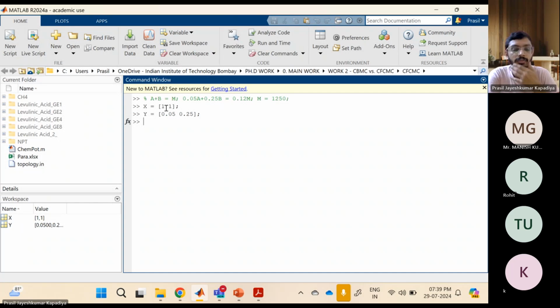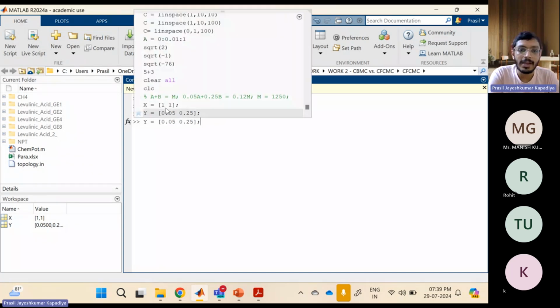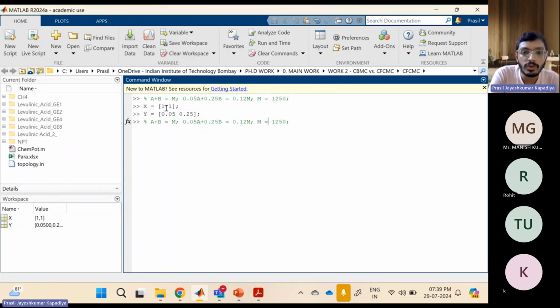Let me write it down like this, it will be more clear. So what we did, we wrote a comma b coefficient 1 comma 1 and 0.05 comma 0.25.